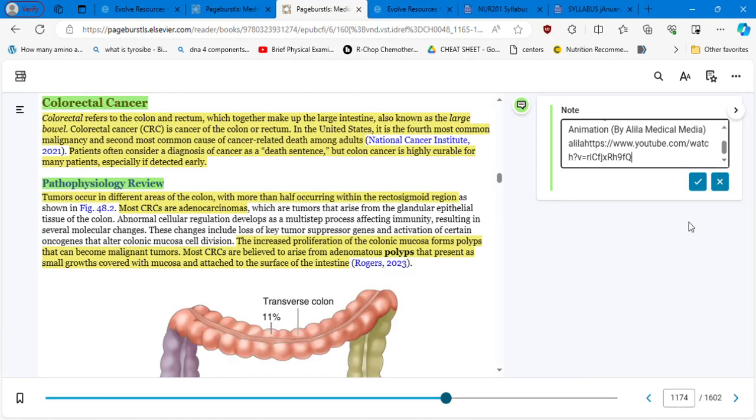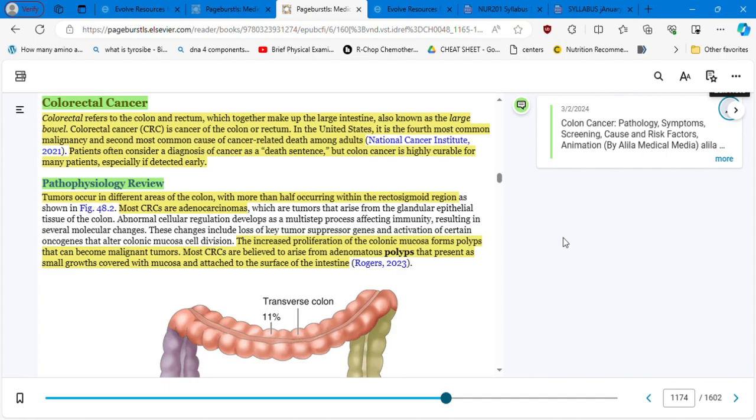Thank you very much. Always, Alila Medical Media has great videos, really well explained. Okay, so basically we saw a good description of the condition and also genetic risk factors, as well as other risk factors.